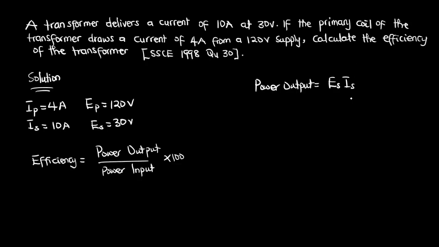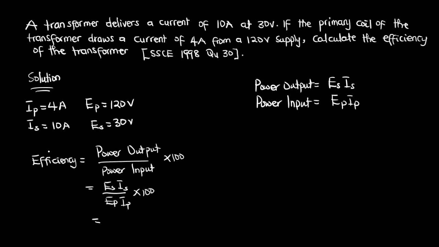current in the secondary coil, that's the power output, and then the power input is equal to the voltage in the primary multiplied by the current in the primary. So this is basically ES IS over EP IP multiplied by 100, right?